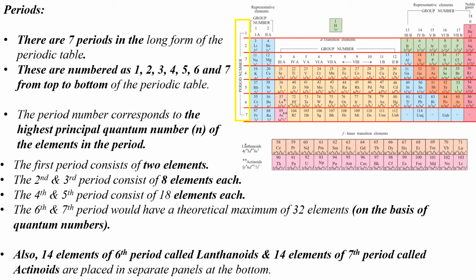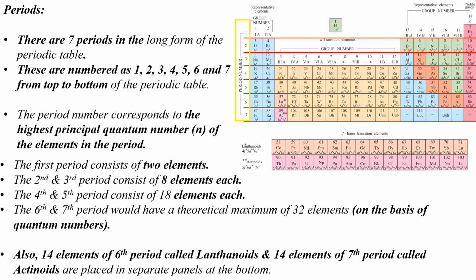Let us consider krypton. This is the last element in the fourth period. It has an outer shell electronic configuration of 4s2, 4p6 and the value of principal quantum number n for krypton is 4. So, the highest principal quantum number possible for krypton is 4 in its ground state.